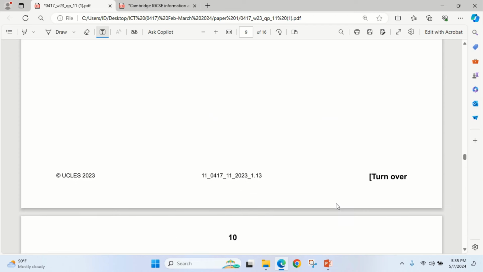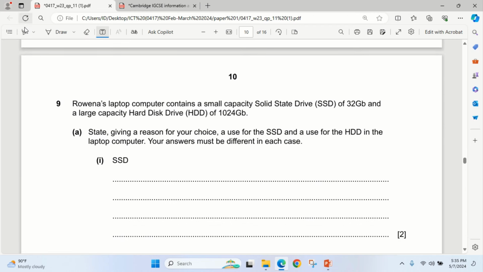Then for question 9, Rowena's laptop computer contains a small capacity solid state drive of 32 gigabytes and a large capacity hard disk drive of 1024 gigabytes. State, giving a reason for your choice, a use for the SSD and a use for the HDD in the laptop computer.